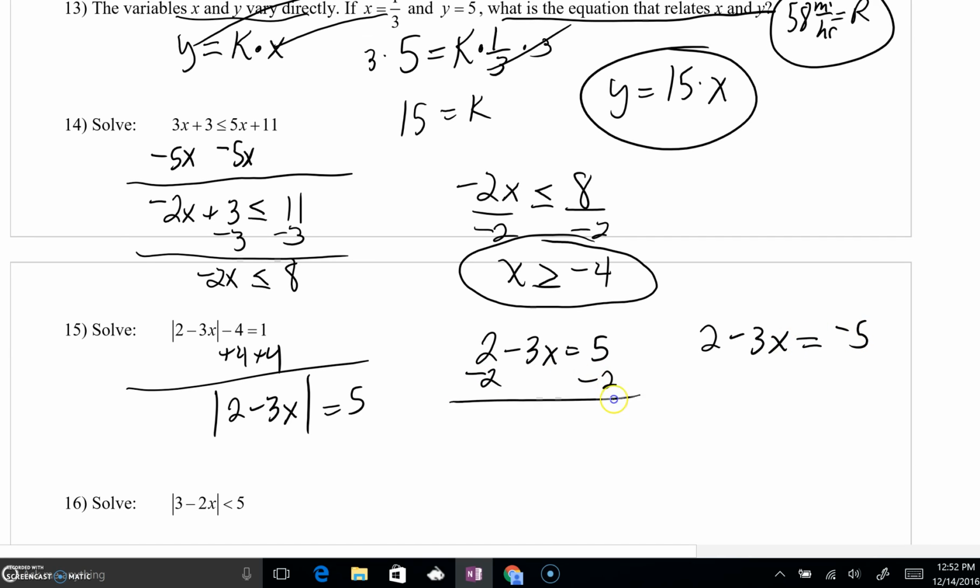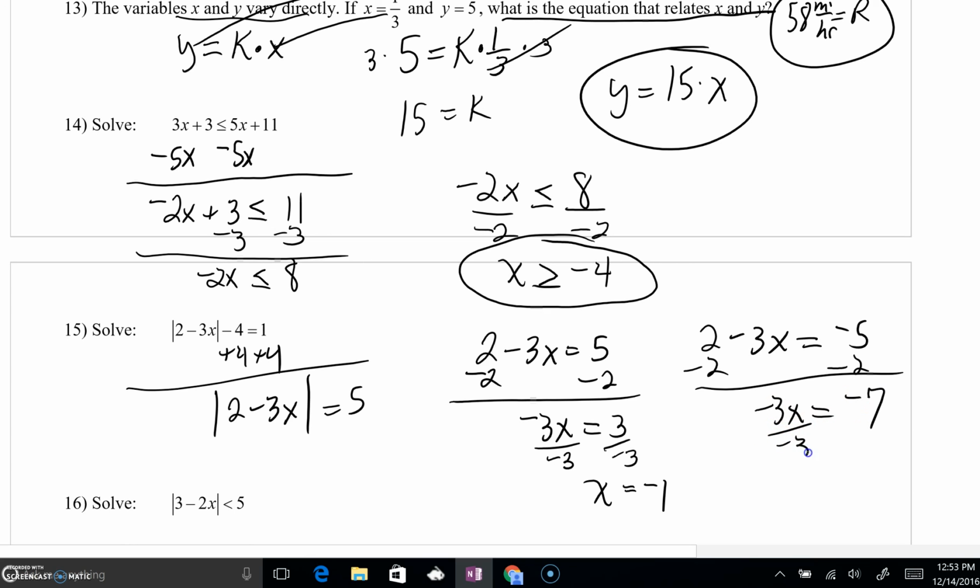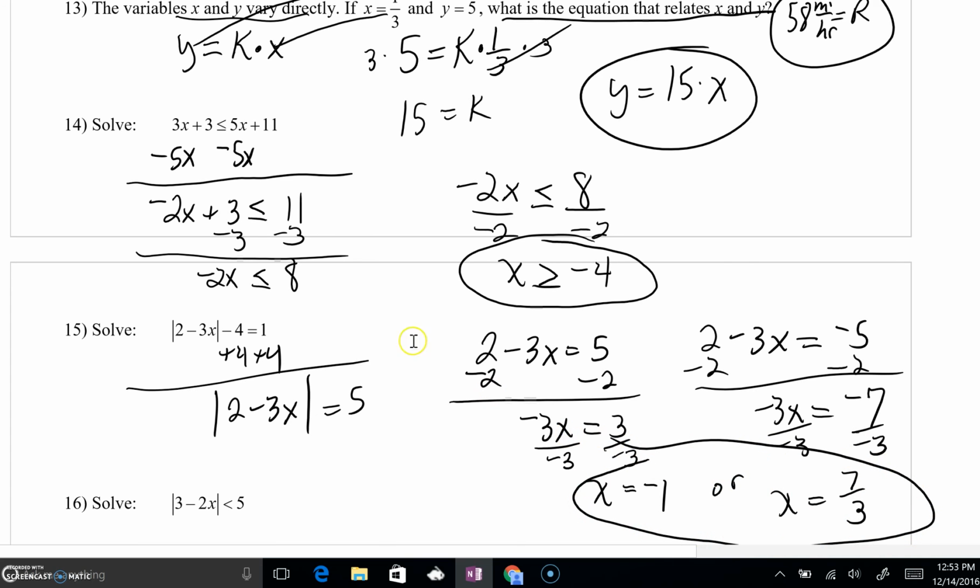Minus a 2 on both sides, you'll have negative 3x is equal to 3. Divide by a negative 3, and you'll have x is equal to negative 1. Subtract a 2 over here, we'll have negative 3x is equal to negative 7. When we divide by negative 3, we'll have x is equal to 7/3. And here are your 2 solutions.